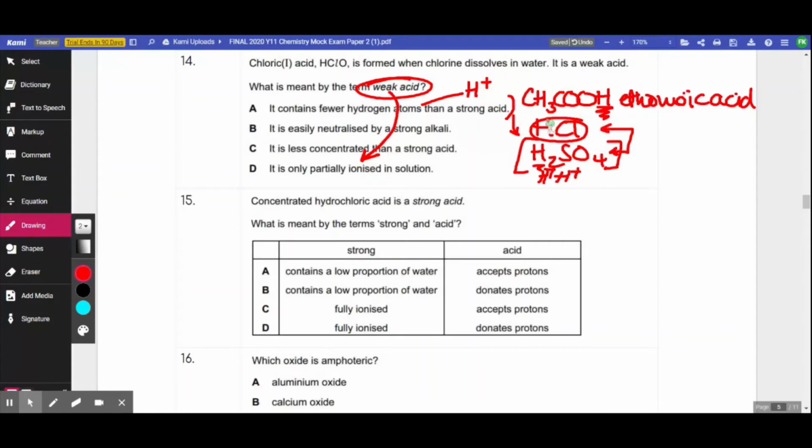In a similar way, if we just ignore this part of the molecule of ethanoic acid, because that's not necessarily important, that's just an organic structure, in ethanoic acid you have one hydrogen that can be donated by that acid.